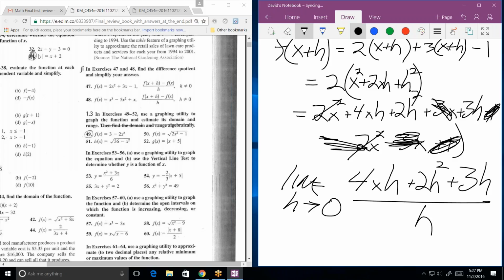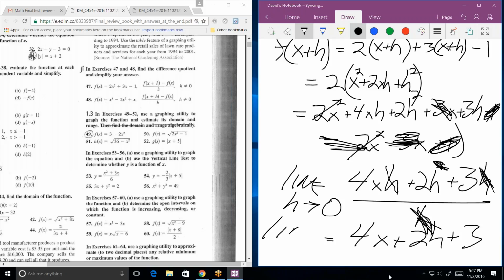Notice that if I do a direct substitution, I get 0 divided by 0. But every term in the numerator has an h in it, so I can factor an h out and cancel it with the h in the denominator. Now what I'm left with is 4x plus 2h plus 3.